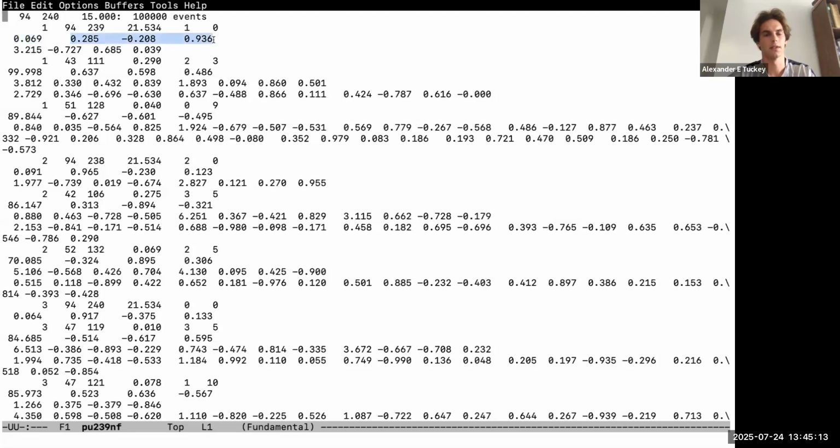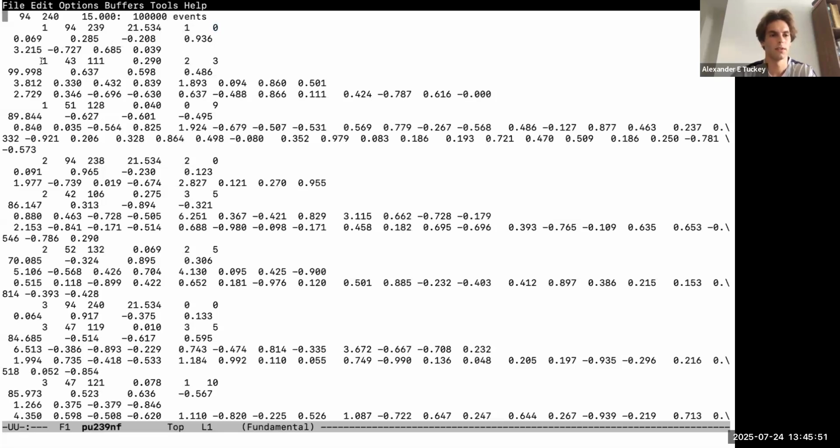And the last three digits here are the momentum unit vector of the fissioning nucleus. The last part of this section is the energy and momentum of the pre-fission neutron that was emitted. It had kinetic energy of 3.215 MeV, and this is its momentum unit vector. We did not have any gammas emitted prior to fission, so we don't have any gamma lines for this section of the event.